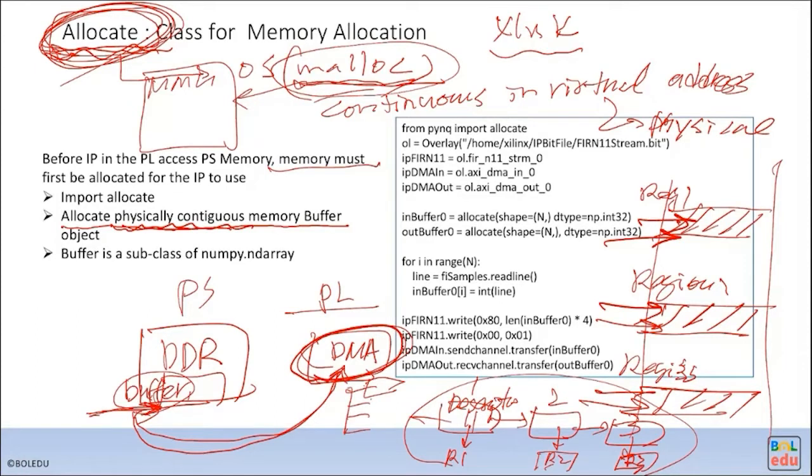But in the PYNQ, the DMA engine is very simple. It can only take one memory region, one descriptor. So that's why you need one physical buffer. Otherwise, you have to break the transfer down into 3 DMA transfers, because each DMA can only transfer 1 region.